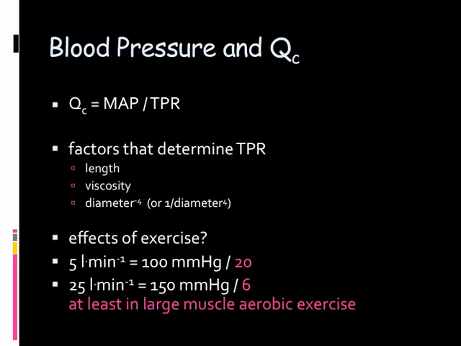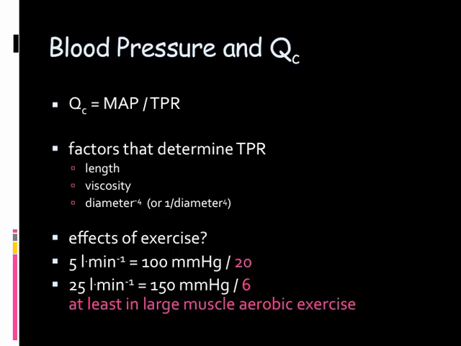I said it's 93, but just to make our math easy, I'm going to say it's about 100 millimeters of mercury. Okay, you can do the math. Then the total peripheral resistance must be 20. This is one of those cases where I'm not going to make you use the units because they're just ugly and we don't need to worry about them. Total peripheral resistance is 20.